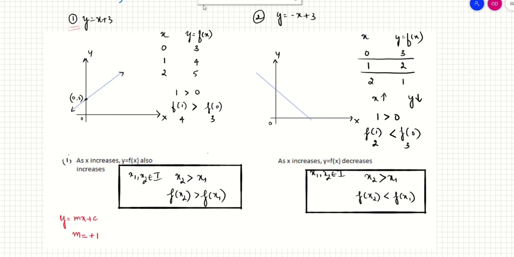Similarly, let's consider equation 2, the example number 2. Comparing this with y is equal to mx plus c, we see that the slope m is equal to minus 1. Now we have already studied that if the slope is positive, then the angle of inclination is an acute angle. And if the slope is negative, then the angle of inclination is an obtuse angle.